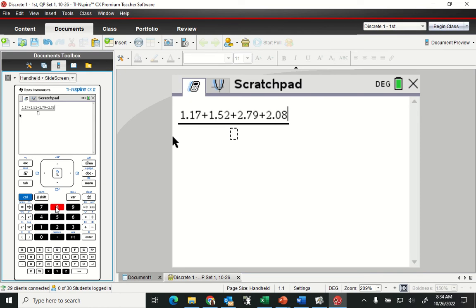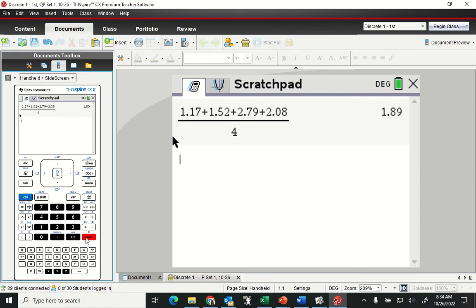Now, how many numbers am I adding together? So on the bottom is going to be the number 4. Hit Control Enter because I want a decimal. So my mean is 1.89.